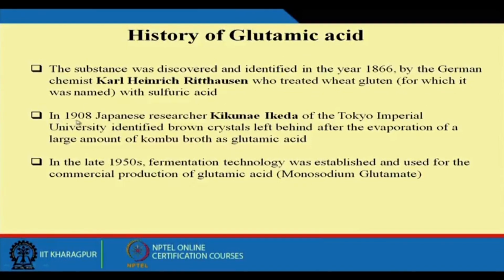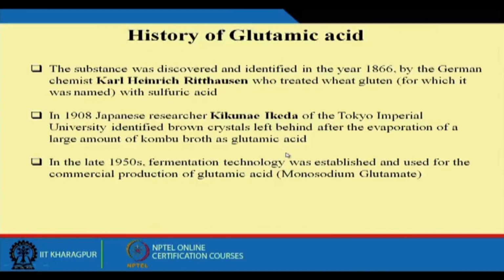In 1908, Japanese researcher Ikeda of Tokyo Imperial University identified brown crystal left behind after the evaporation of a large amount of kombu broth as glutamic acid.